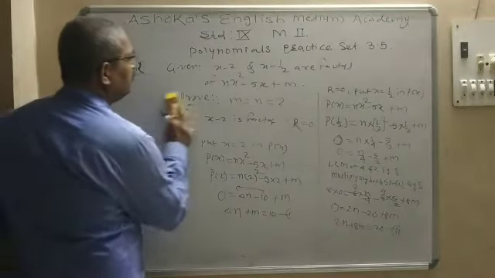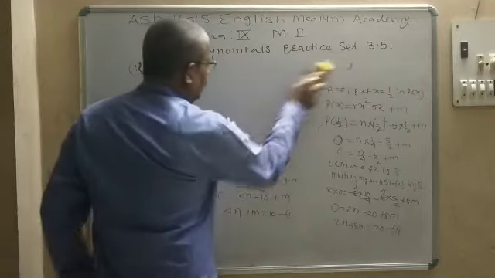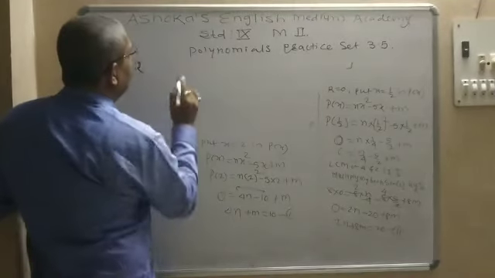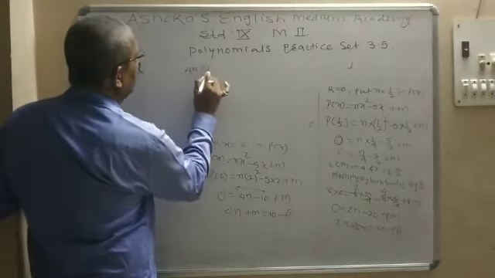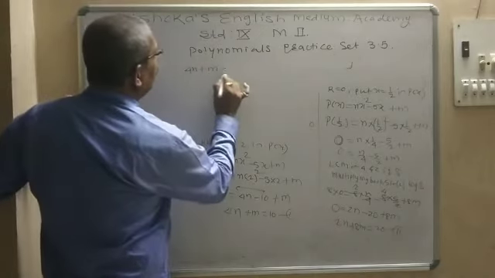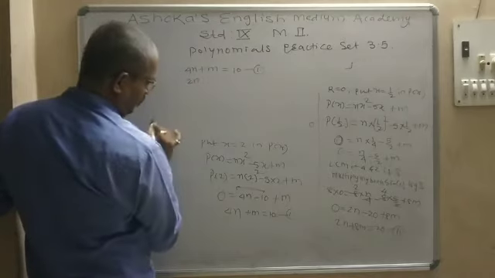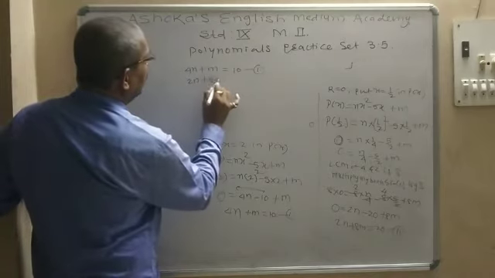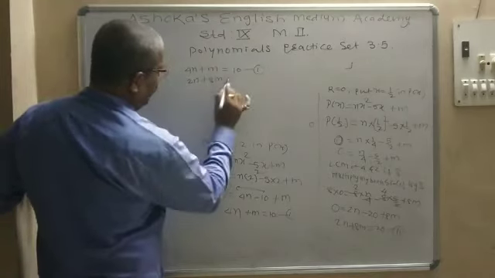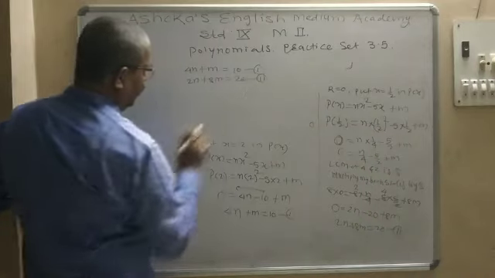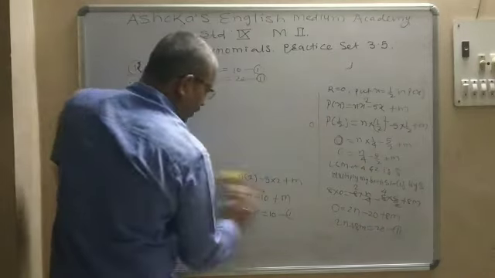Okay. Now what to do? Equation number 1 is 4n plus m is equal to 10. This is equation number 1. This is 2n plus 8m is equal to 20, equation number 2. Now what should we do here?